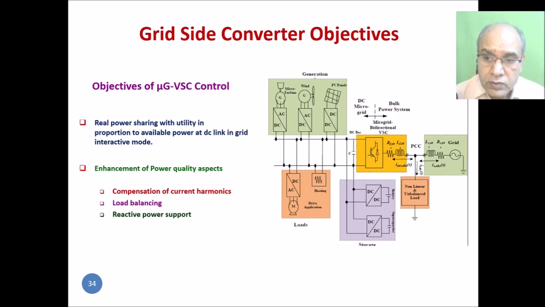Okay, so these are the additional things. Power quality features can also be embedded into the operation of this inverter. We will talk about those things also in the coming classes.